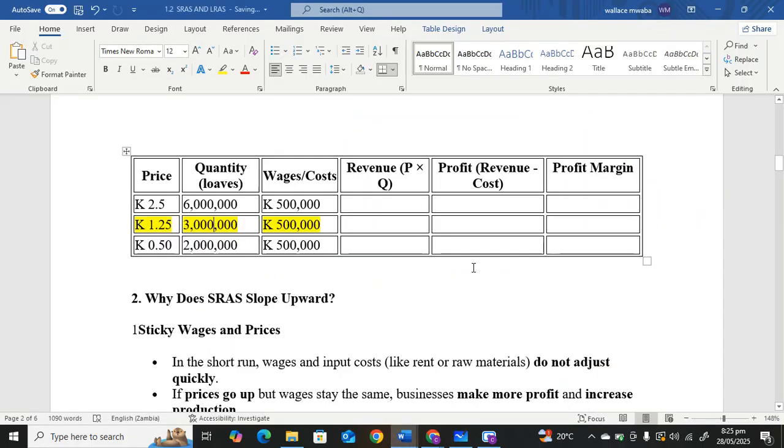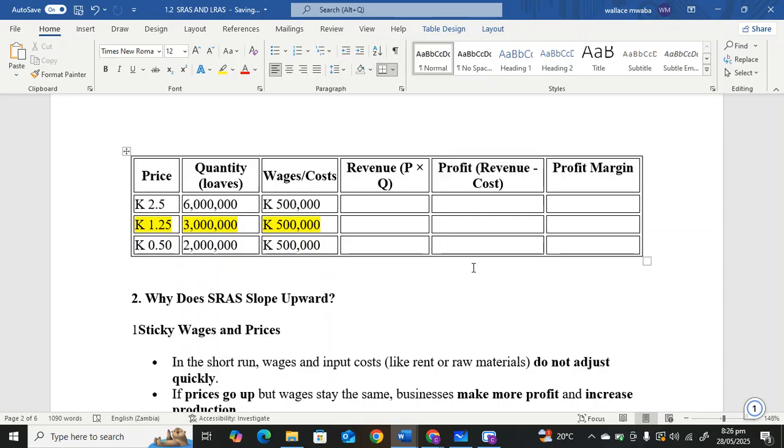Okay. So, as I was saying, in the short run, wages and certain costs stay fixed. They don't change. Just because price levels have gone up, your wages are not just going to increase that day, because you've got contracts.